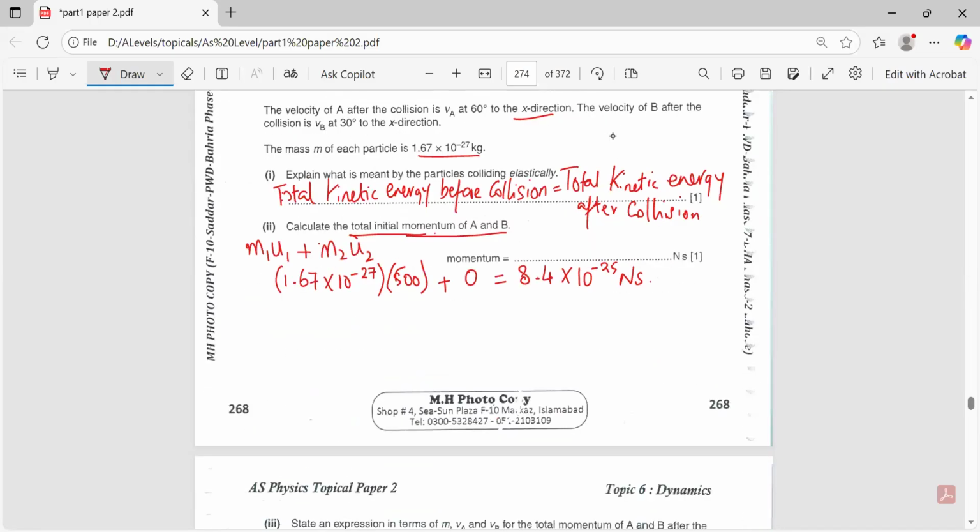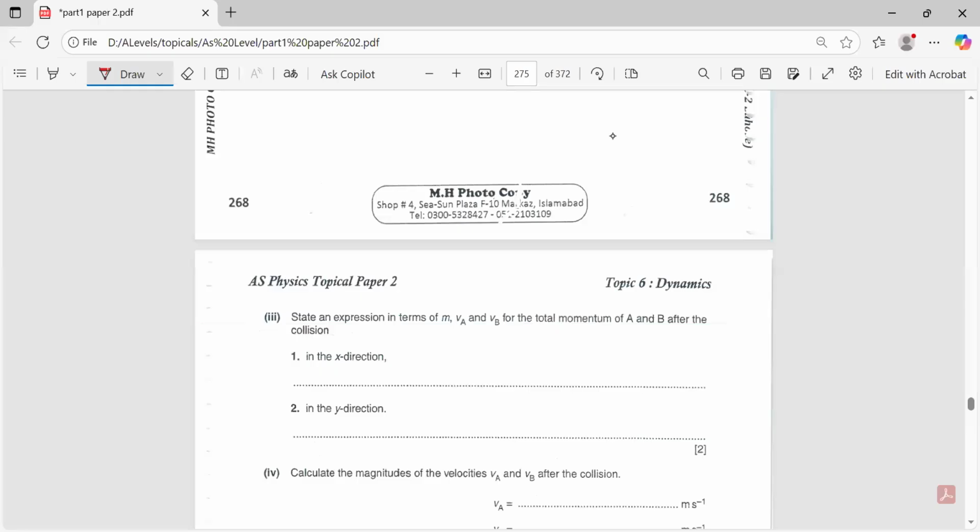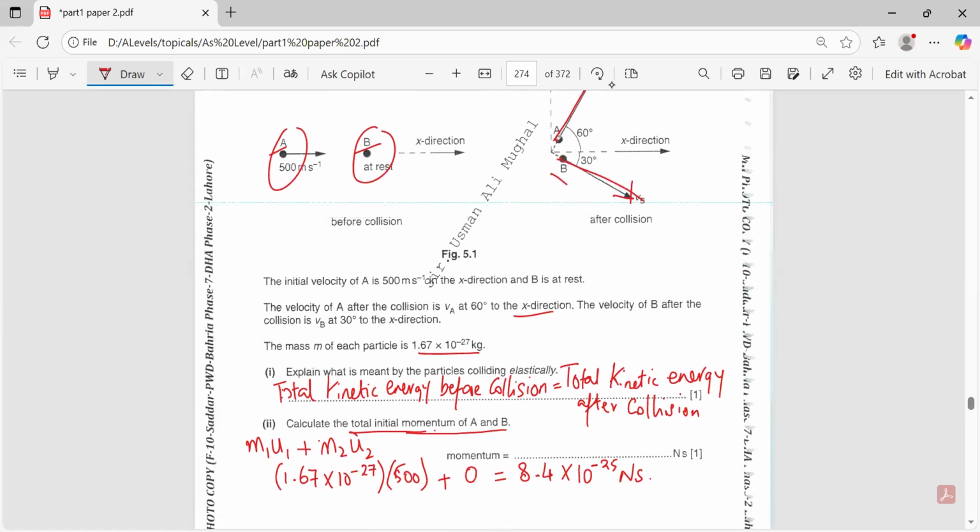Moving onwards, next it says state an expression in terms of m, vA, vB for the total momentum after collision. First in the x direction, then in the y direction separately. Okay, I can go back.